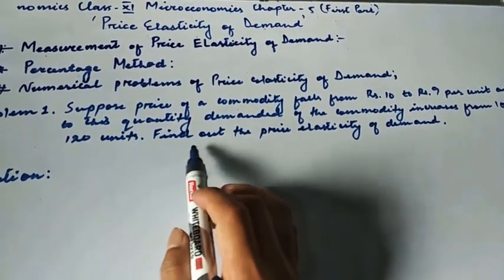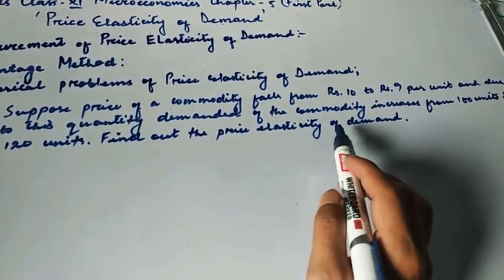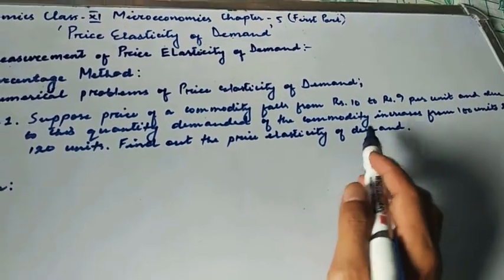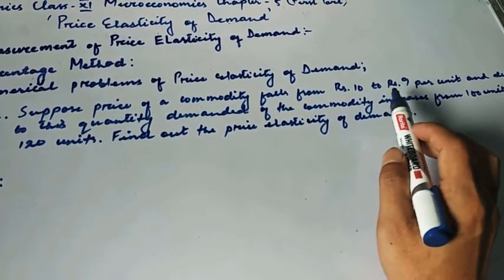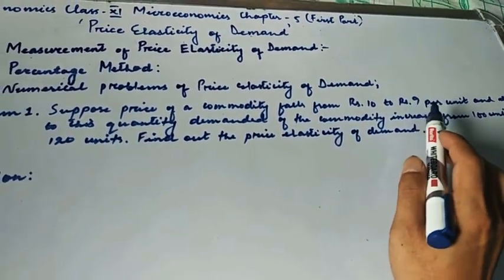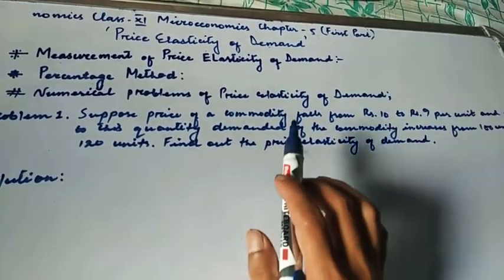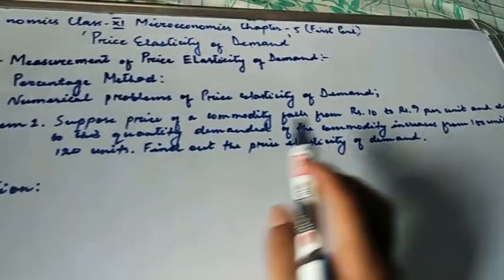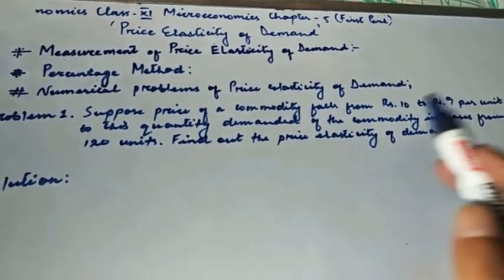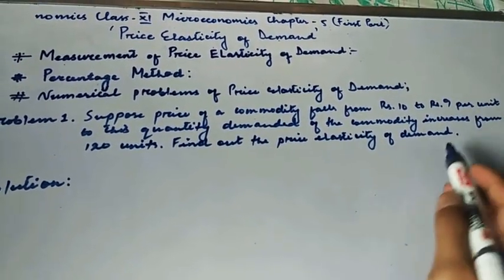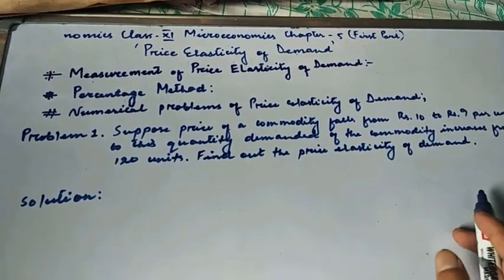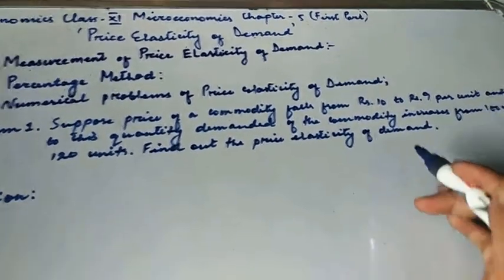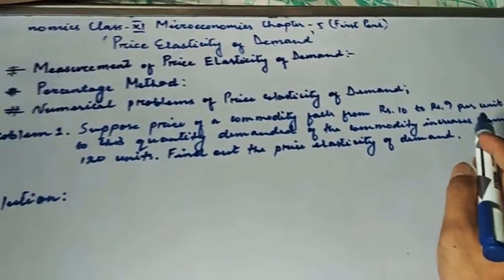We have to find out the price elasticity of demand. Because of this fall in price, there is an increase in quantity demanded from 100 units to 120 units. What is the degree of responsiveness of quantity demanded when there is a fall in price? That we have to find out.